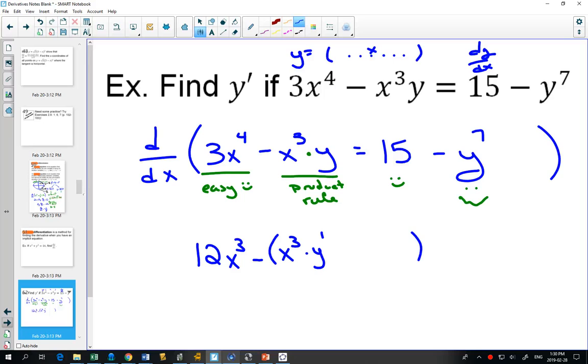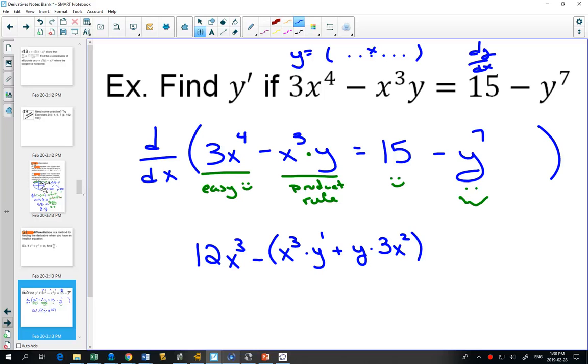Product rule continues, then you add, now you keep the second one the same, which is just y, times the derivative of the first, 3x squared. Why did I put that all in brackets? Because of that nasty minus sign in front. Because you're subtracting all of this, so when you do the derivative of all of that, it all gets subtracted.